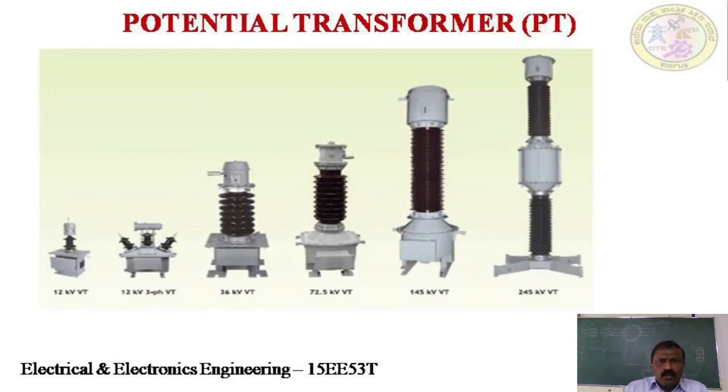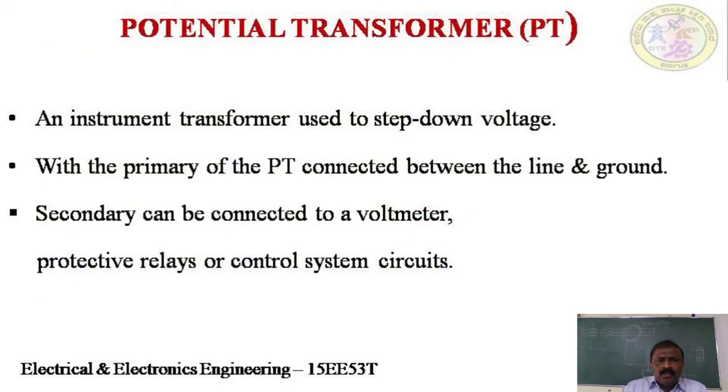The next unit in instrumentation transformers is the potential transformer, once again popularly known as PT. The PT is used to step down the voltage.